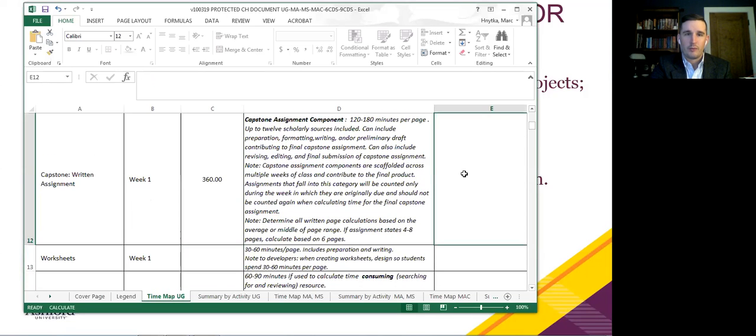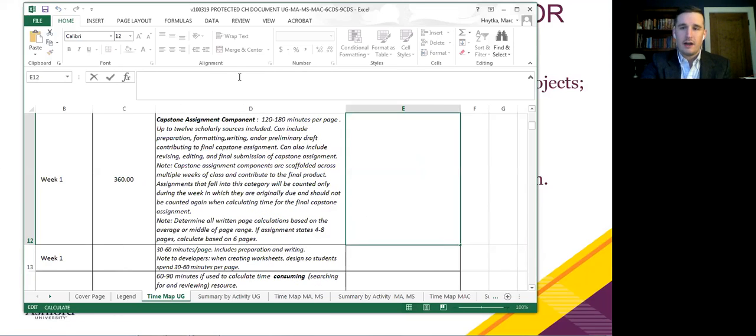And in this example, in column E, you're going to want to write the rationale and at what minute rating you're going to have each page count. And we ask that you keep the same rating throughout the capstone project for a single course, but obviously you can vary this from course to course.